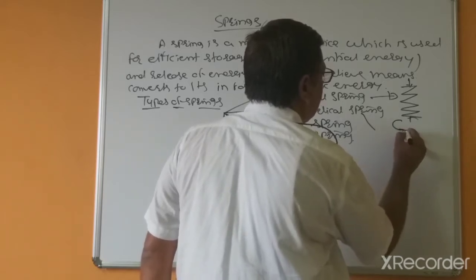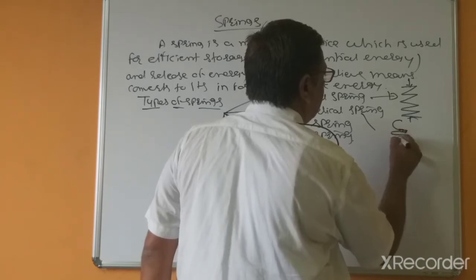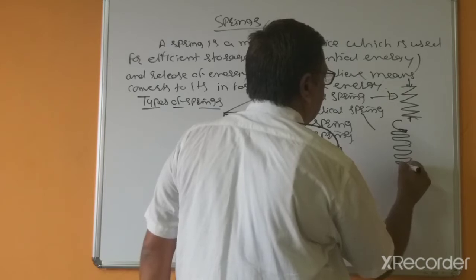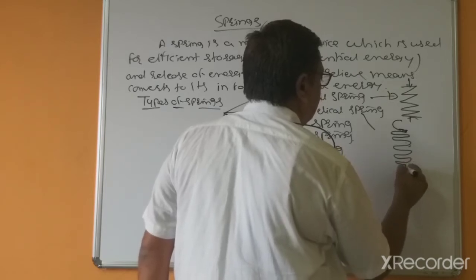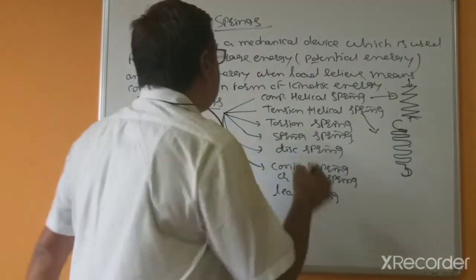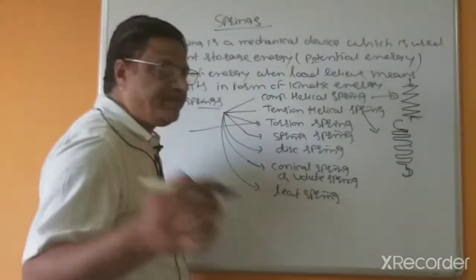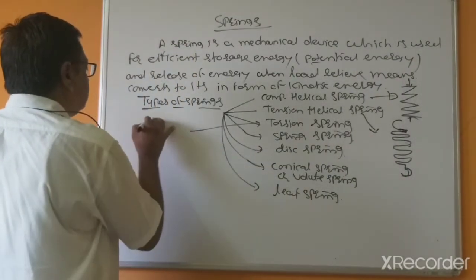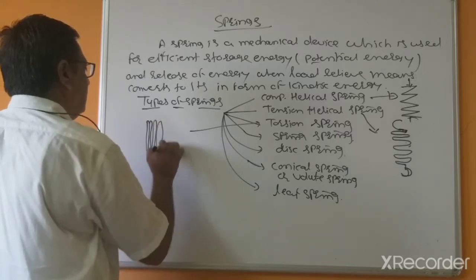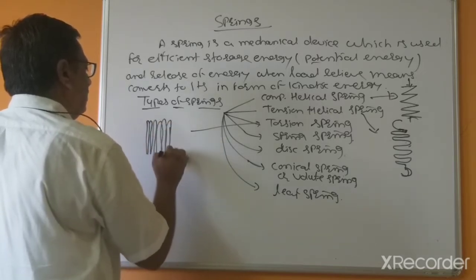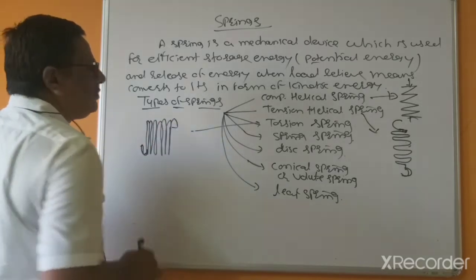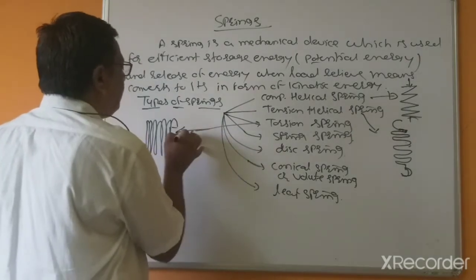So this is the hook. Such springs are called tension springs. In torsion springs, torque can be applied. Such springs are called torsion springs.